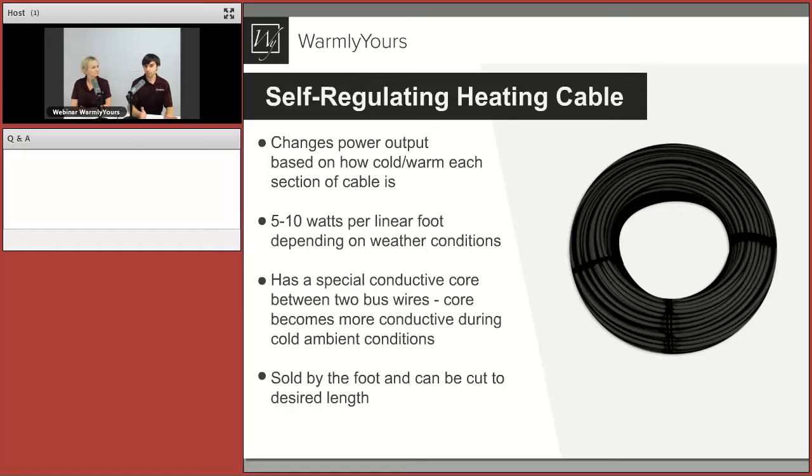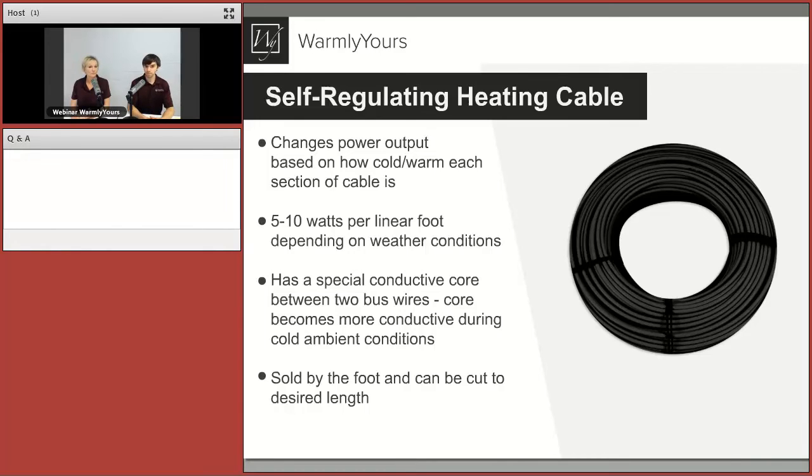The magic part of that cable is that it will adjust its wattage and heat the shaded portion at a higher watts and run the portion that is in the sun at a lower watts. So literally every foot of cable will respond to those conditions and again self-regulate itself and operate at best efficiency.